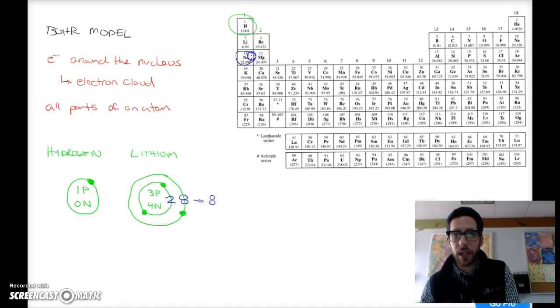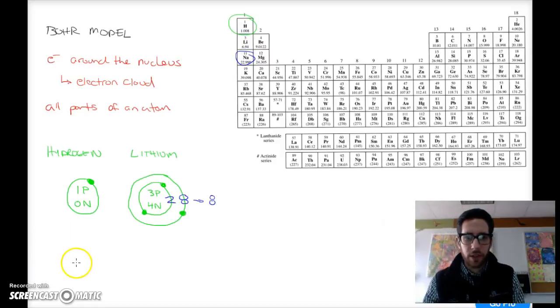So let's try sodium. Sodium has 11 protons, and it's got 23 minus 11, so 12 neutrons. We draw our first shell. Now we need 11 electrons. So we've got 1 and 2 on the first shell. That one's full. We draw our next circle.